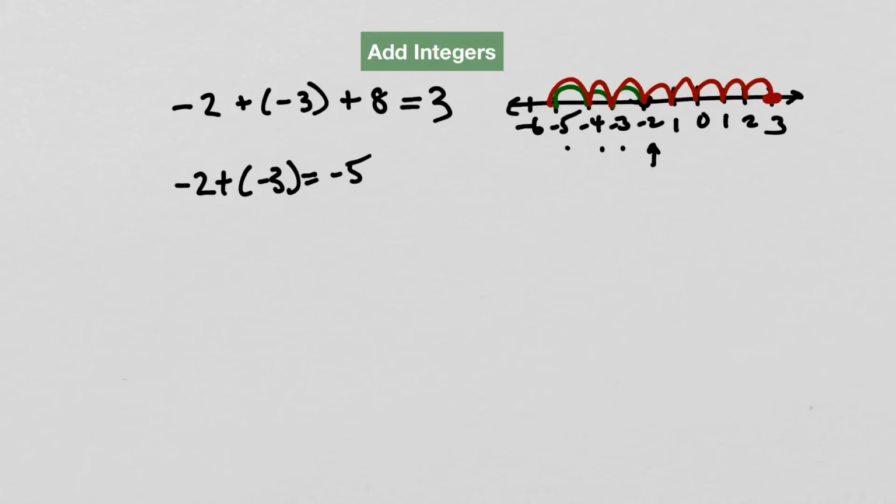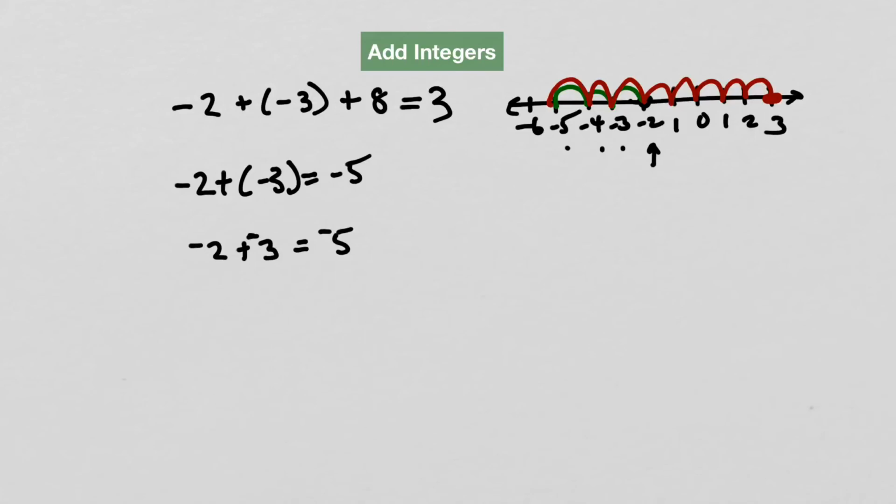So what pattern do you see here? Isn't it interesting that when you have two negative numbers added together, it's the same as their positive numbers added together, but with a negative? So what I mean is, it's the same as 2 plus 3 equal to 5, but with the negatives added, these are all negatives.